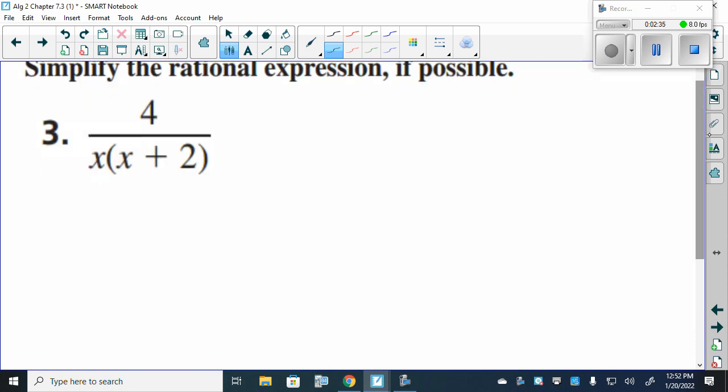Now the first one we have is 4 over x times x plus 2, and we want to make sure that it is in simplest form. To do that, we need to make sure there's nothing in common on top or bottom of this rational expression. What is in common on top and bottom?